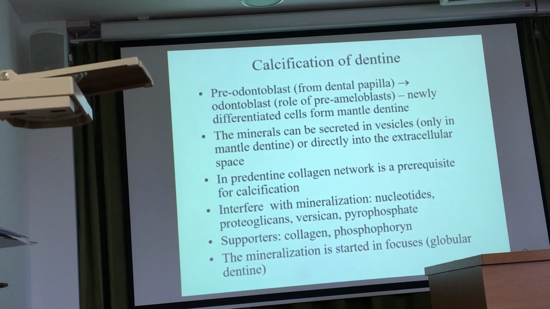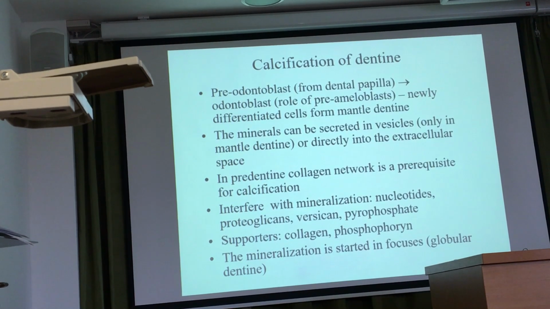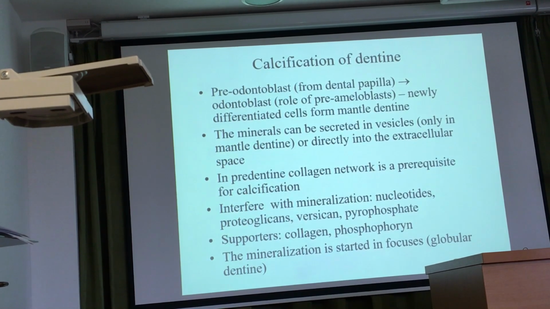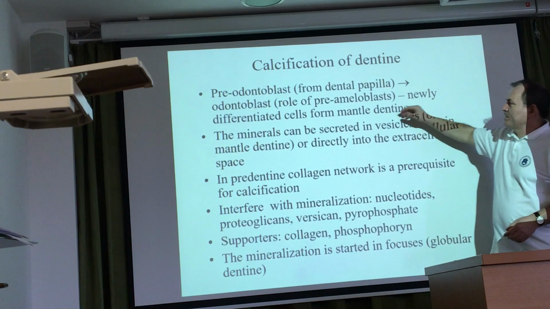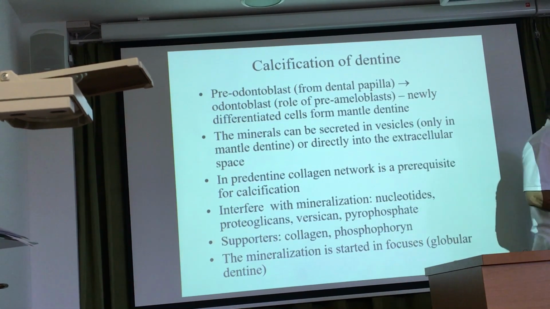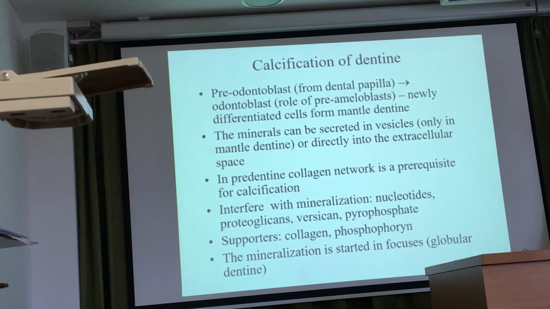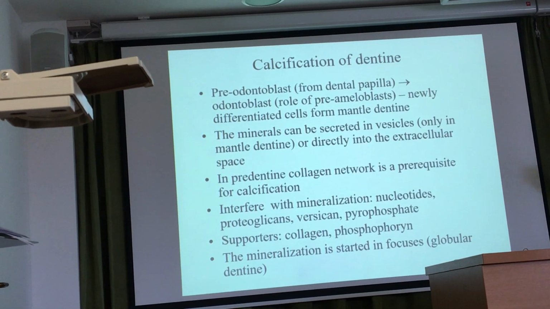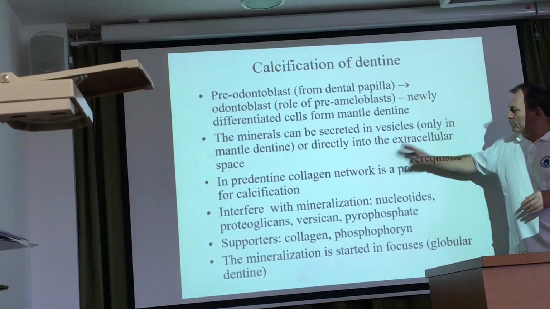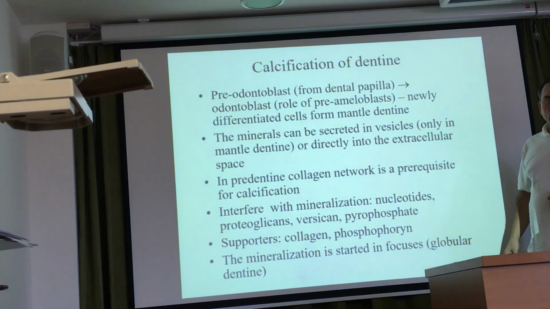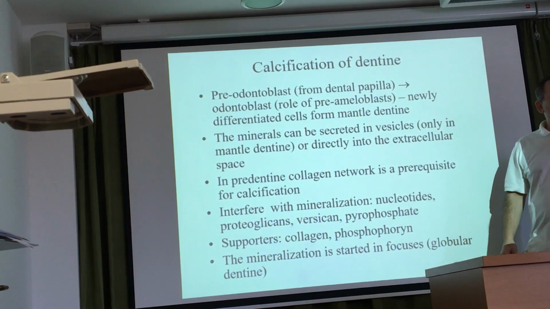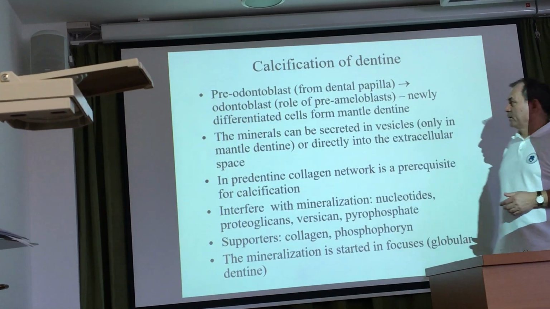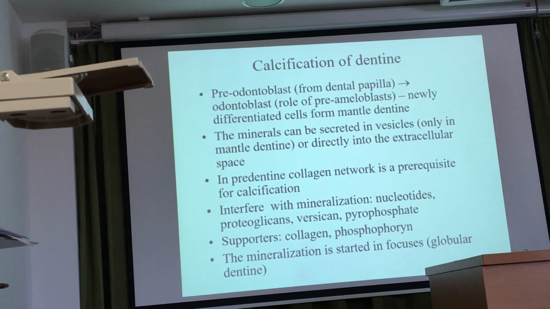And under the ameloblasts, there is a basal membrane, and the structure of the basal membrane and the enamel producing cells, ameloblastic cells, is initiating or regulating the outermost cell layer of the dental papilla to differentiate into odontoblastic cells.